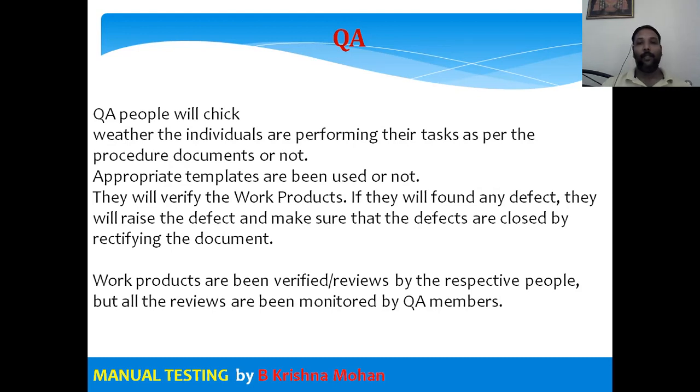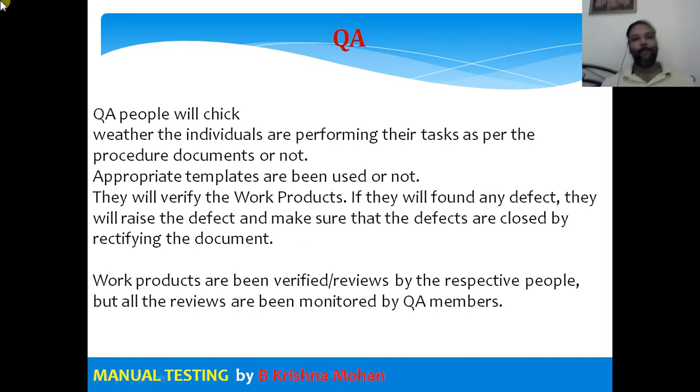What is the reason for this defect? First they have to nullify that, meaning the defect has to be fixed. Then all the documents related to that defect have to be fixed. Only then can we say that corrective action has been taken. Not only correction, but they have to find out the root cause and give the corrective action also. That's what it is.